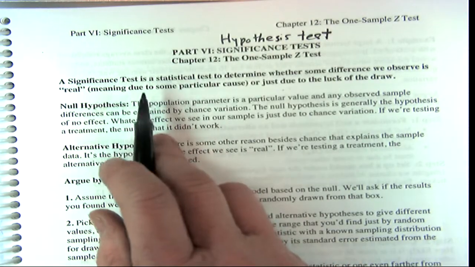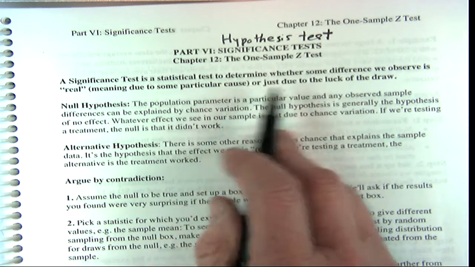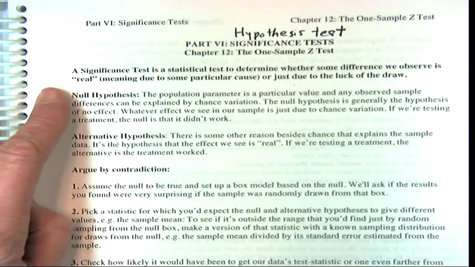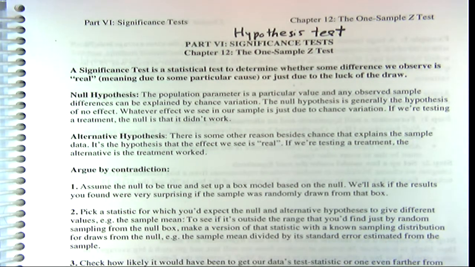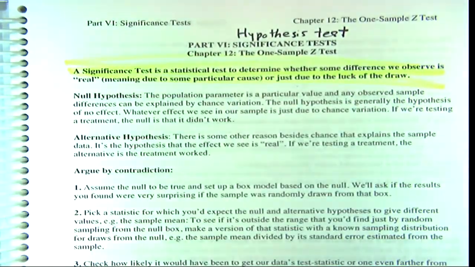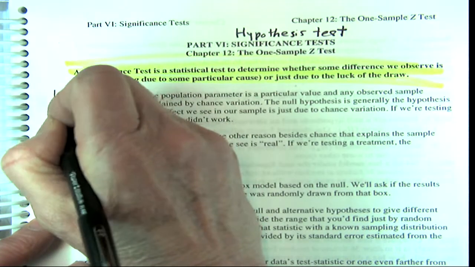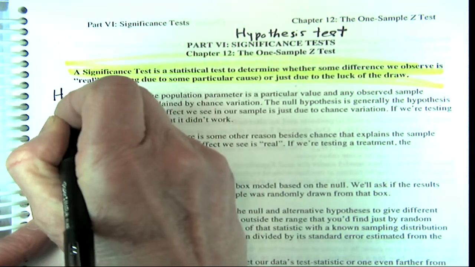A significance test is a statistical test to determine whether some difference we observe is real, meaning due to some particular cause, or just due to the luck of the draw. And what you do is you start off by assuming this null hypothesis, H naught.